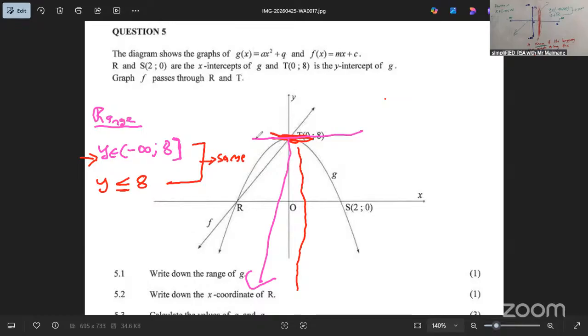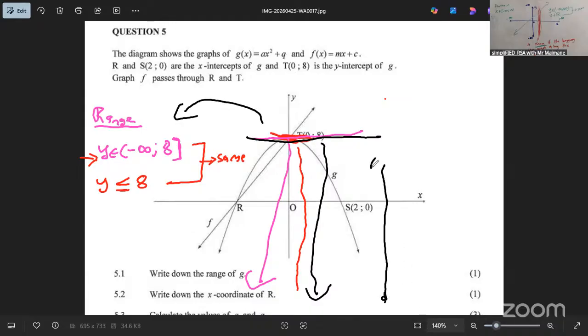So on the y-axis, the beginning of the graph was here. The ending, it doesn't end, it goes to infinity, hence the range. Or we can say the beginning is minus infinity, and then it comes and stops at exactly 8. But that's the view of what we see of the graph from then to then.